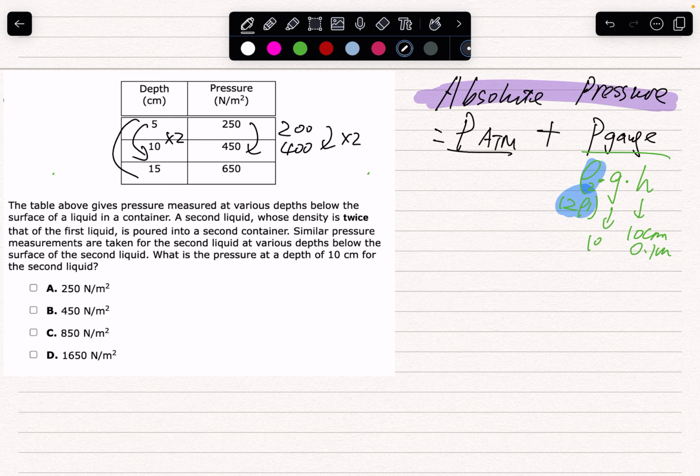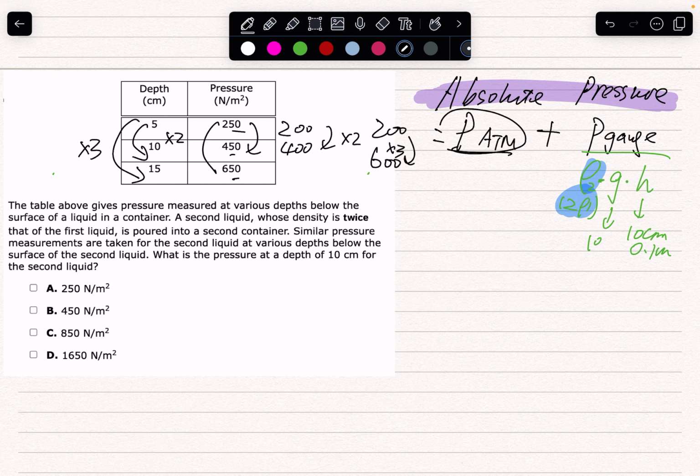You notice that 5 to 15 is times 3. And 200 to 650 is like 200 to 600, you realize that's times 3. But this 50 is just annoying, which means 50 is a constant, the atmospheric pressure that's in the way.